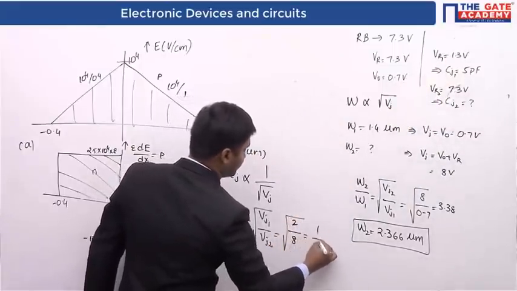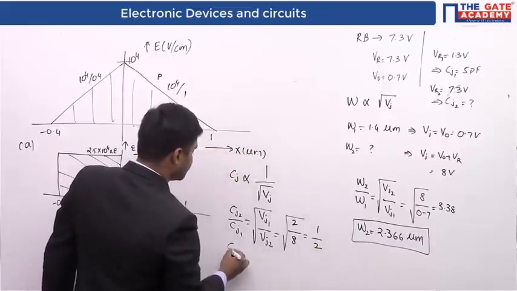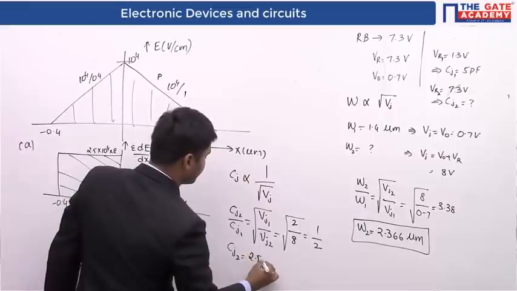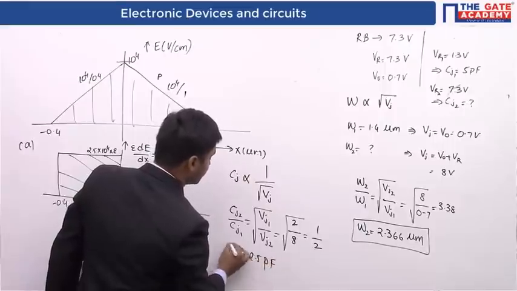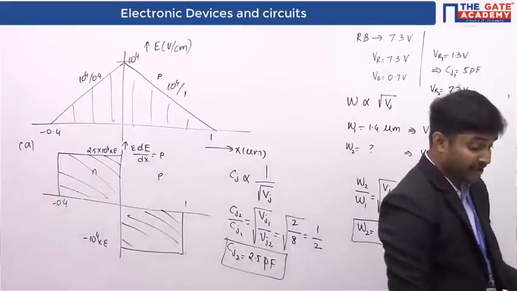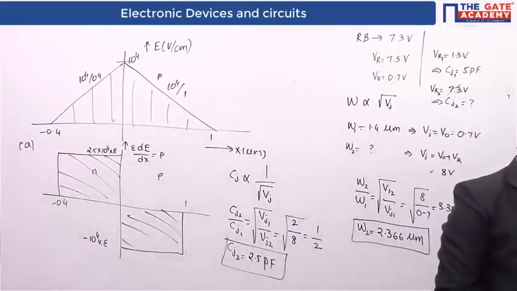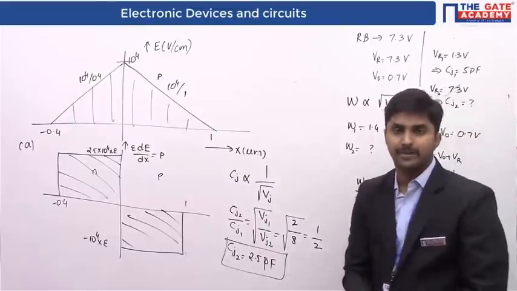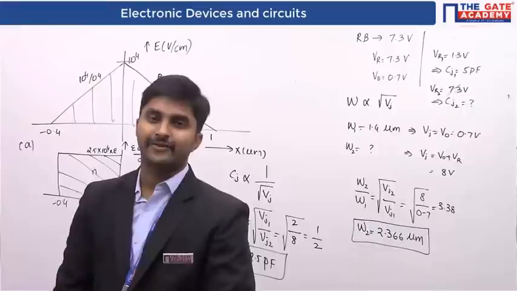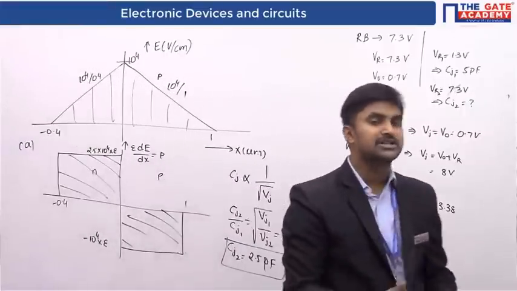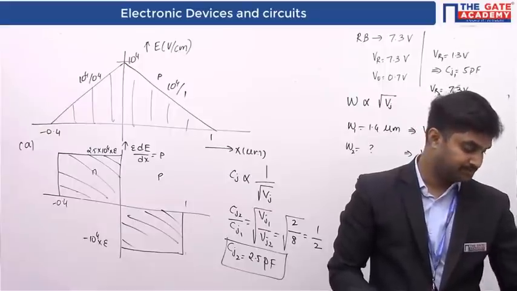So it is going to be 1 by 2. So Cj2 is going to be Cj1 by 2, which is 2.5 picofarads. This is the junction capacitance when you are applying the reverse bias voltage of 7.3 volts. So we have covered almost all the important models present in the PN junction diode.